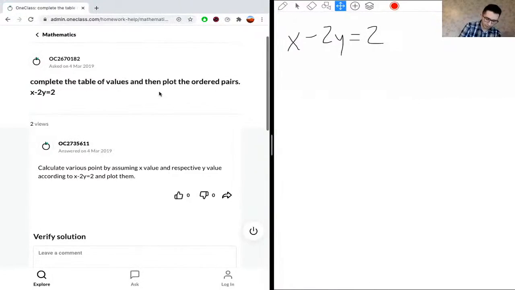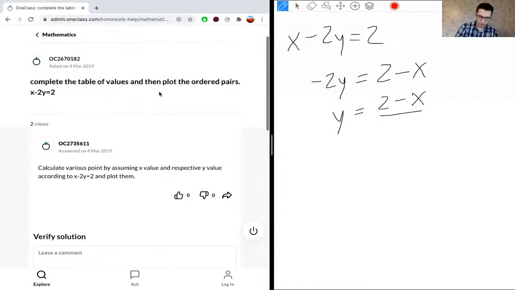We have negative 2y is equal to 2 minus x, and we divide negative 2 on both sides, so we get 2 minus x over negative 2. 2 divided by negative 2 is just negative 1, and then negative x divided by negative 2 is positive a half x. So we have y equals 1/2 x minus 1.